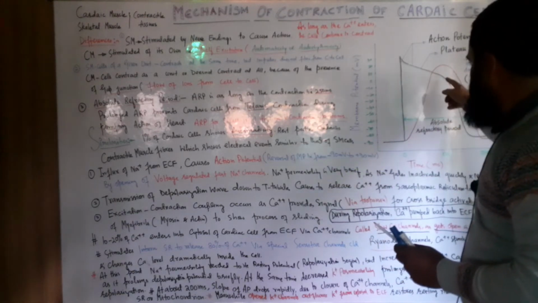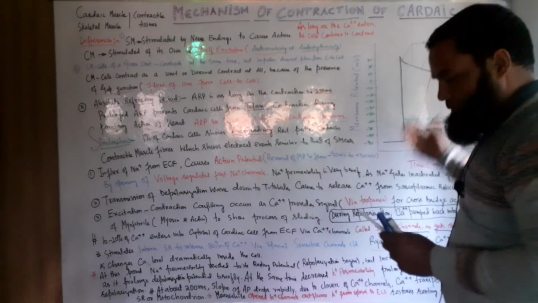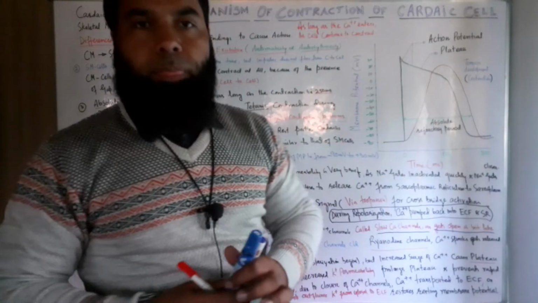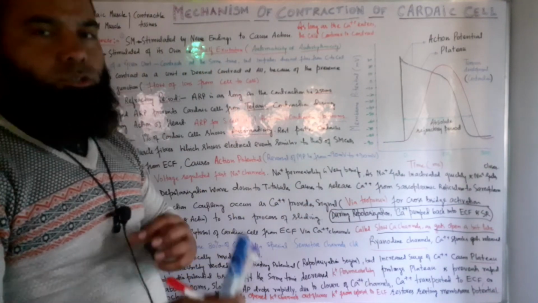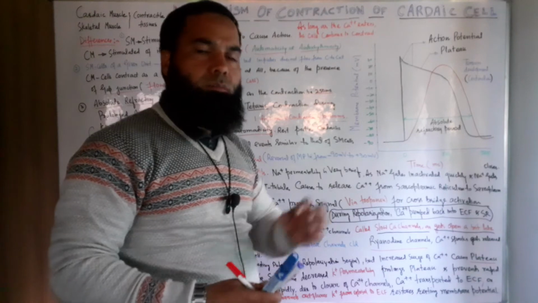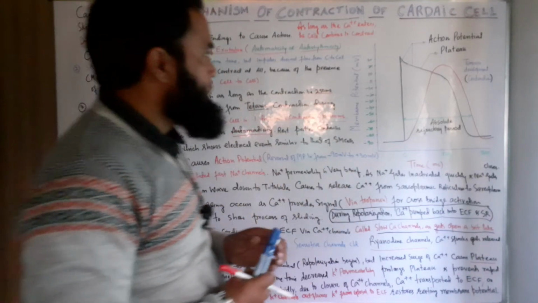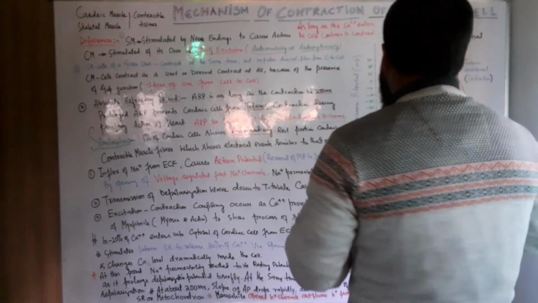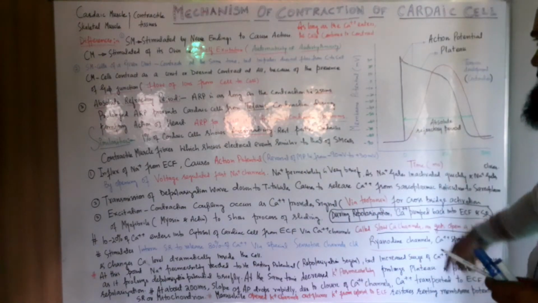Then what happens? The calcium is replenished back into the mitochondrion or the sarcoplasmic reticulum or into the ECF from the cytosol. And this diagram shows the dark line as well as the red line.